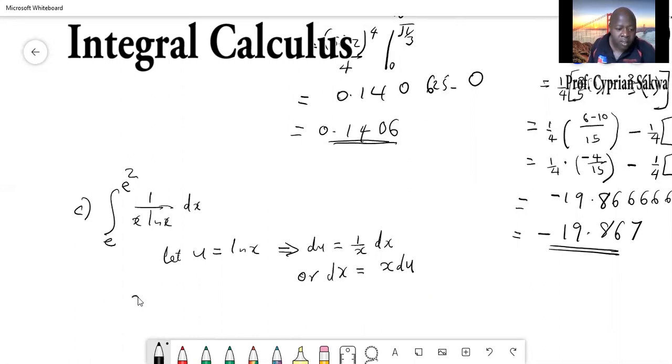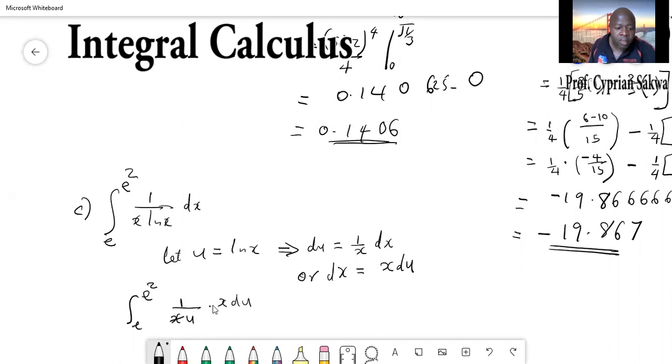So our integral now becomes 1 over, there is an x, but instead of ln of x, we said that would be u, and instead of dx, we said that dx would be x du.